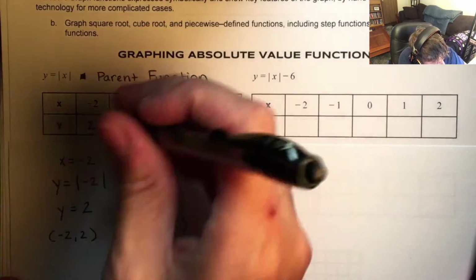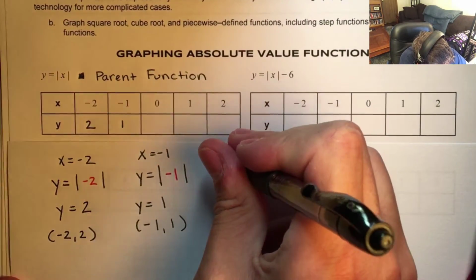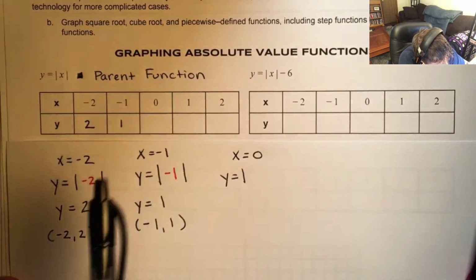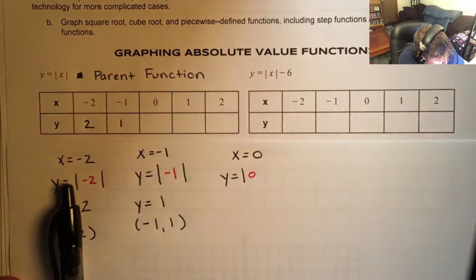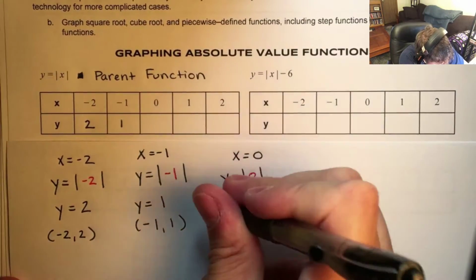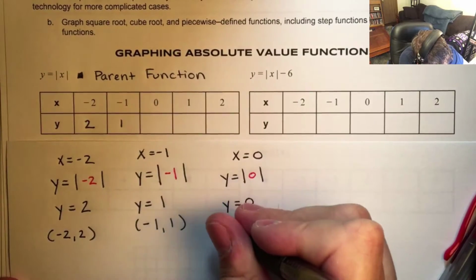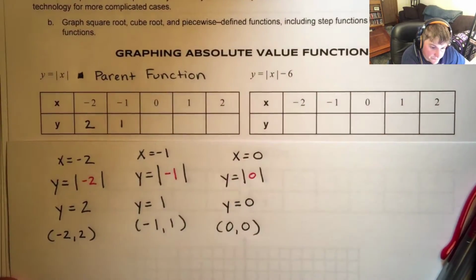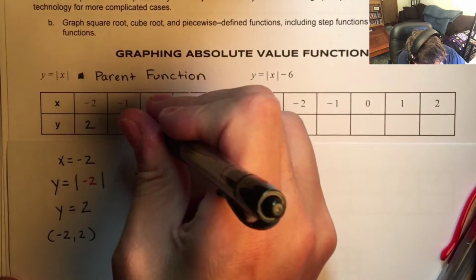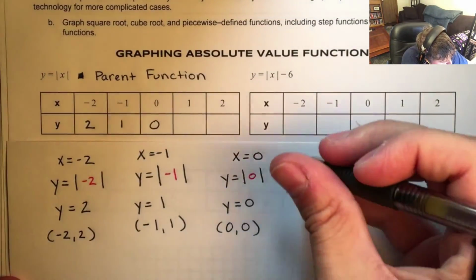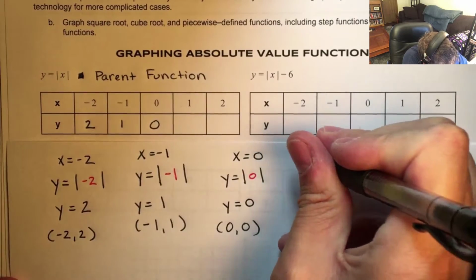So what about when x is 0? We have y is equal to the absolute value of 0, meaning what is the distance 0 is from 0? Well, that is 0. So we have this ordered pair 0, 0. And then we have x is equal to 1.